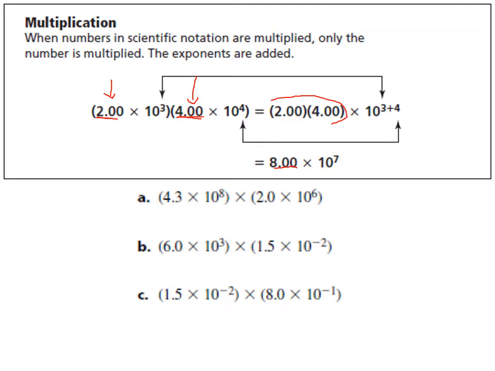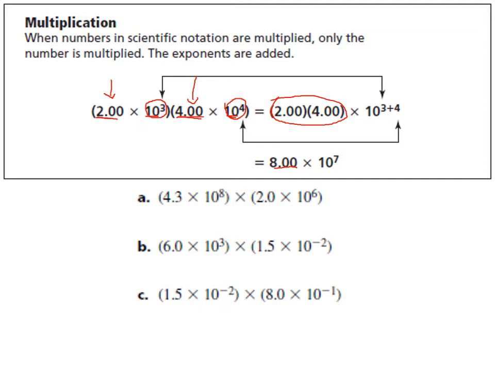So first you multiply the coefficients, and then you multiply the tens to the power of numbers, your base and your exponents. Because they're both a base of 10, and because you're multiplying, you add their exponents up.